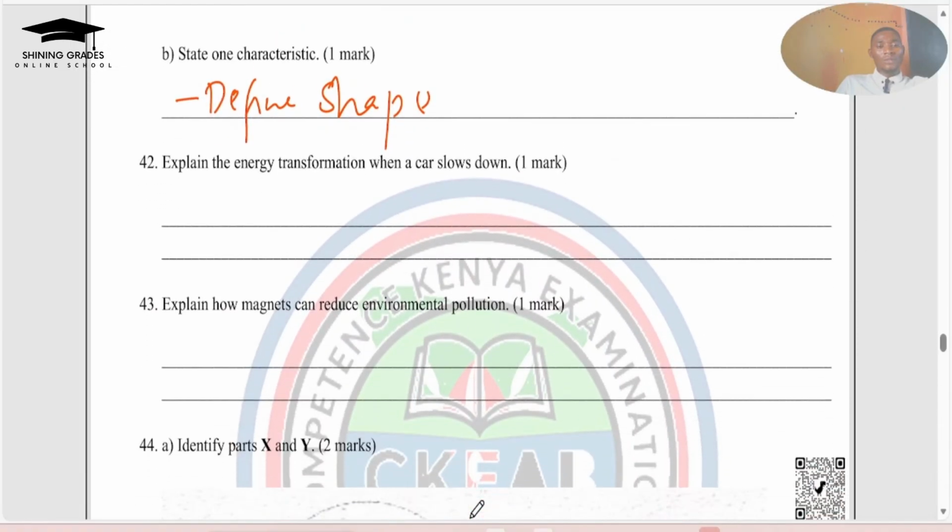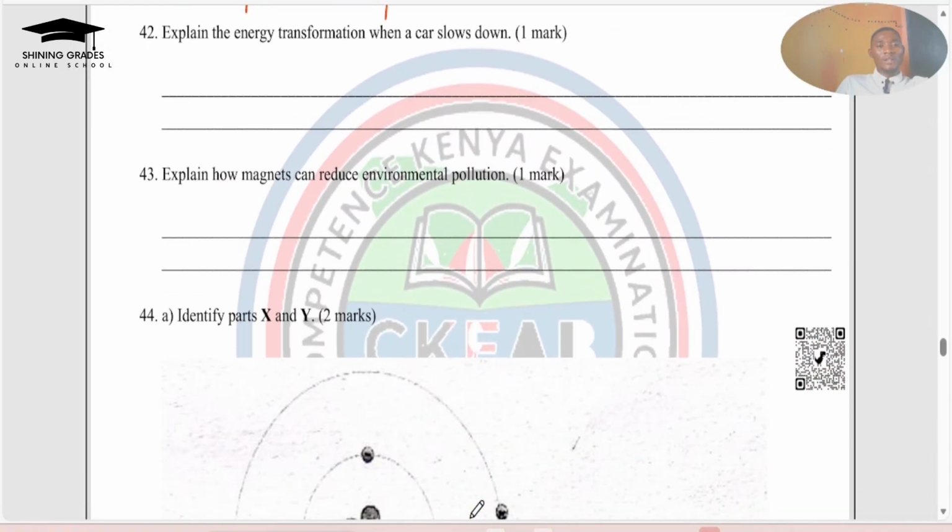42. Explain the energy transformation when a car slows down. The energy transformation when a car slows down: we have kinetic to sound. It is kinetic because it was in motion, and then to sound.